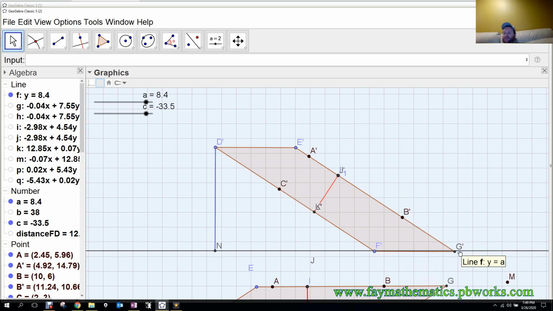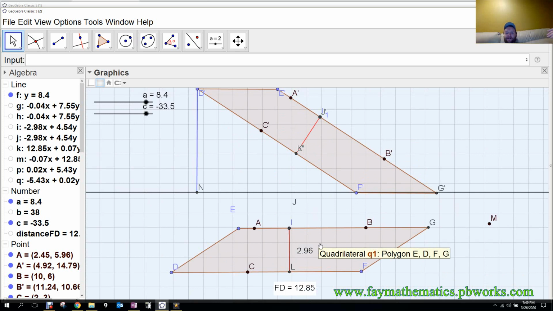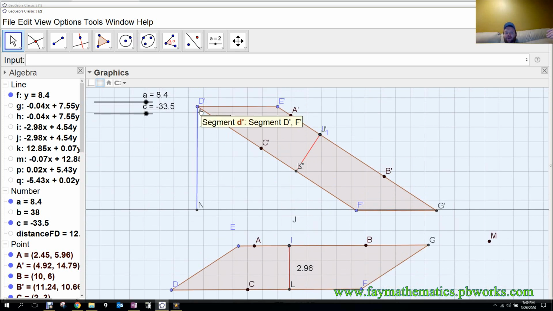That's why we have to have the definition that an altitude is perpendicular to the line containing the opposite side, because sometimes you might not be able to actually touch the opposite side. There's no way I can go from D here, or D prime, perpendicular to any point between F prime and G prime. But this is the same figure as down here, but now this would be my altitude.